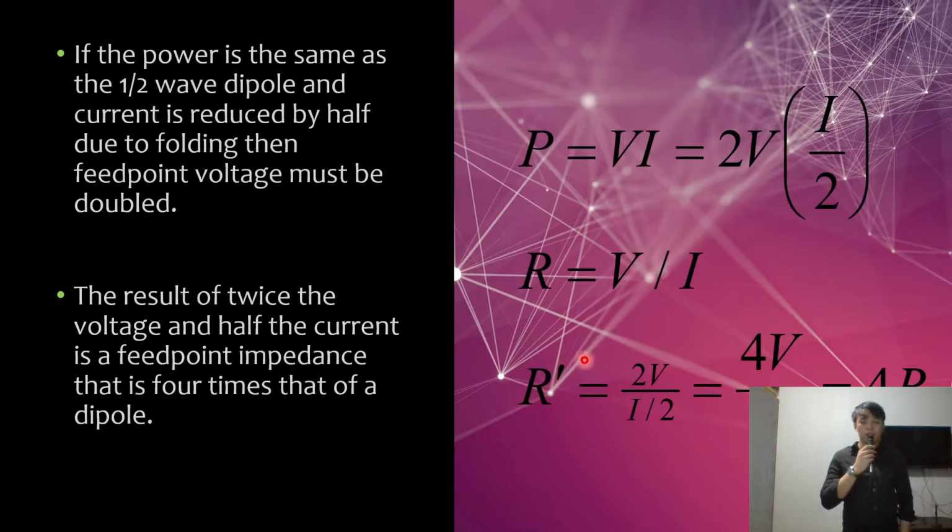Here, the derived resistance is equal to twice the voltage over current over 2, which is also equal to 4 times the voltage over the current, and is equal to 4 times the resistance.